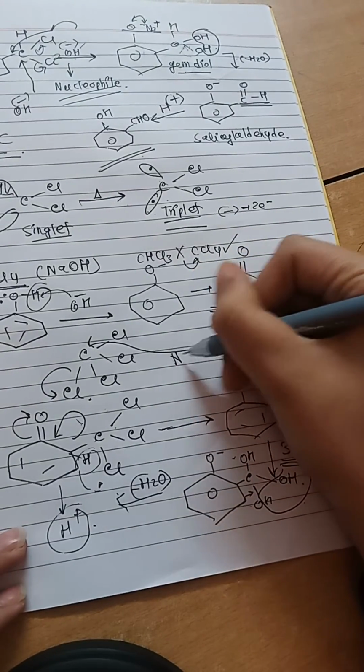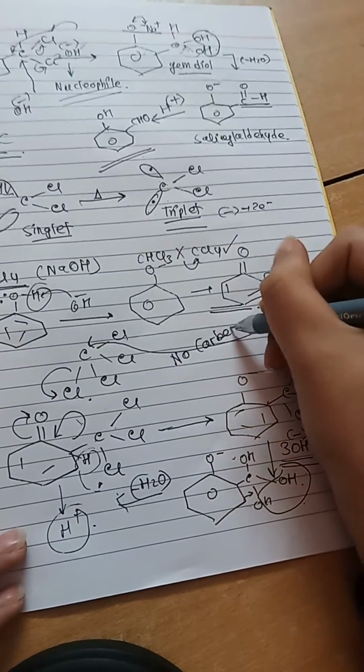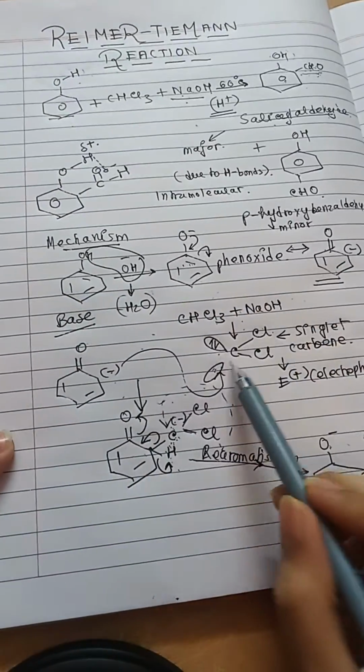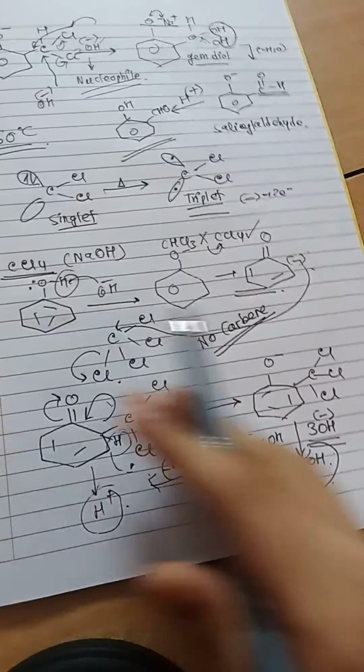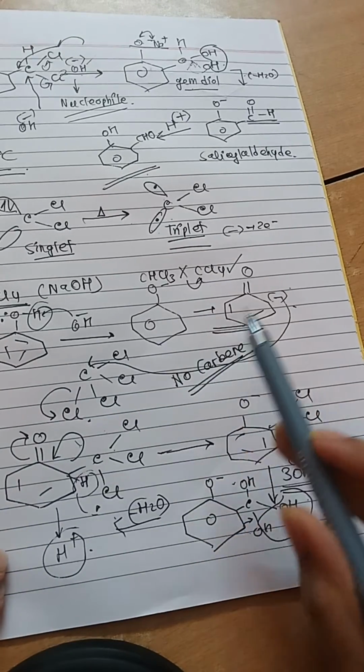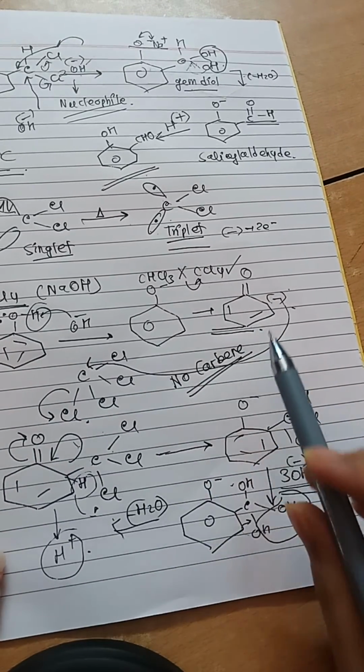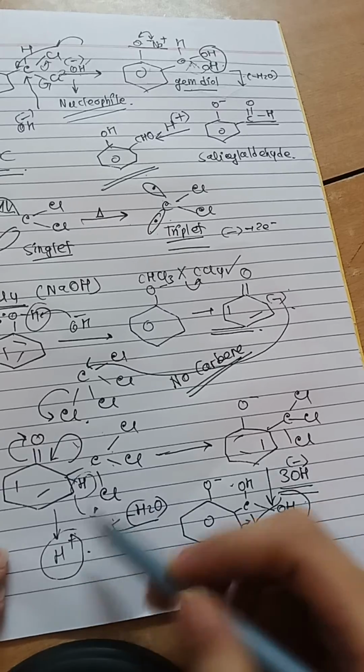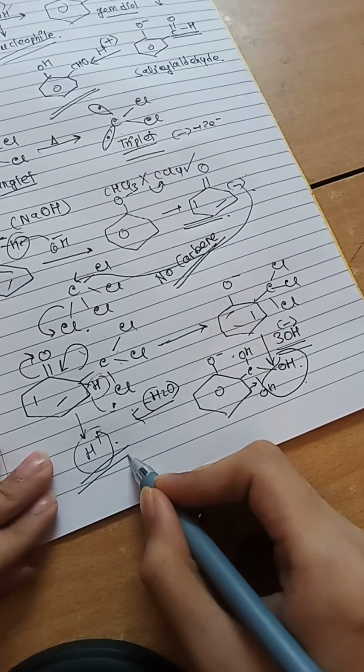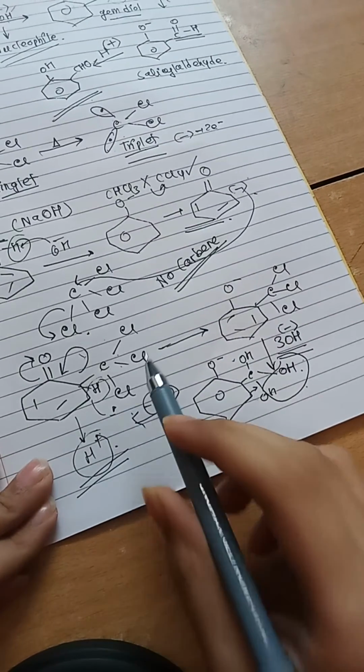In this particular reaction, no carbene is formed. Whereas in this reaction, obviously we can see carbene is being formed. So that is the difference. No carbene is being formed, so there is no negative charge on the carbon. So this hydrogen we are getting intact. It is not satisfying the carbon.